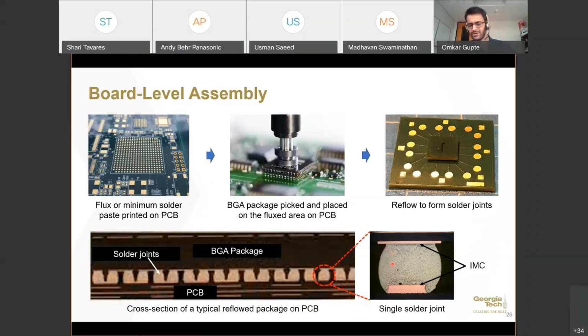The first time when the solder is attached to the package, a layer of intermetallics is formed. The second time when the board level assembly happens, again the solder is molten, so intermetallics are formed here, and these intermetallics grow. All that needs to be considered while designing the surface finish and the interconnection materials and processes itself.